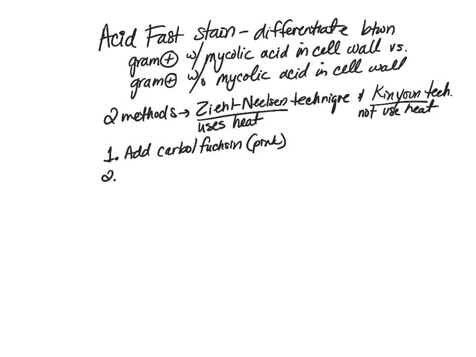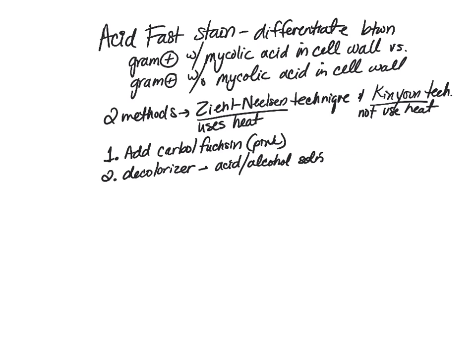The second step, then, we're going to use a decolorizer. The decolorizing agent is usually an acid or alcohol solution, so an acid alcohol solution. So we're going to wash it a little bit there. That will decolorize the non-acid fast.